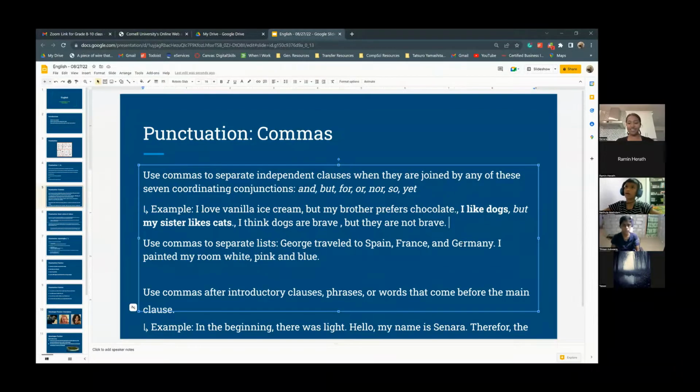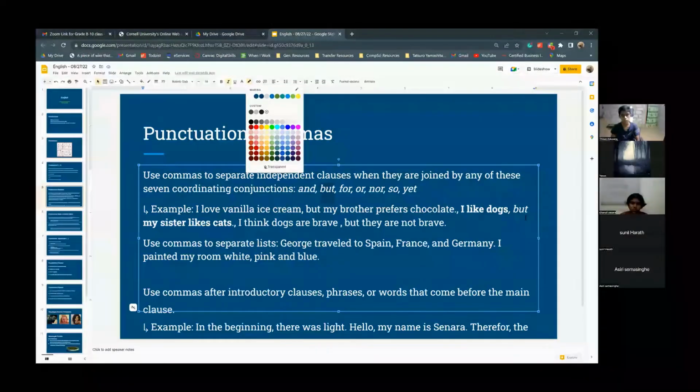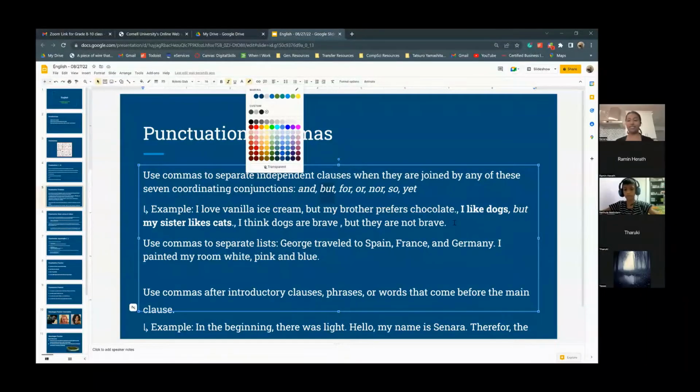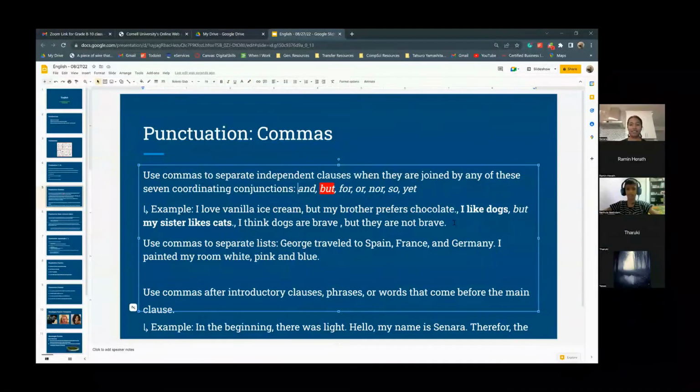So just use basically just this, right? So that's the comma and that's our conjunction. Go ahead. Oh yes, could you give us an example using like and or for?